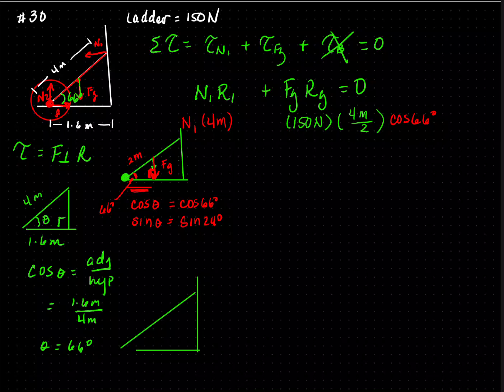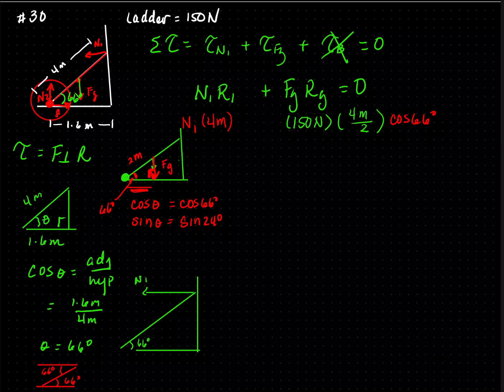So if I redraw my structure, this is my ladder. This again is 66 degrees. My N is going to the right. This is my N1 that I drew up there. So we know in math, if we have parallel lines and we have an angle here that is 66, the transverse angle is also 66.